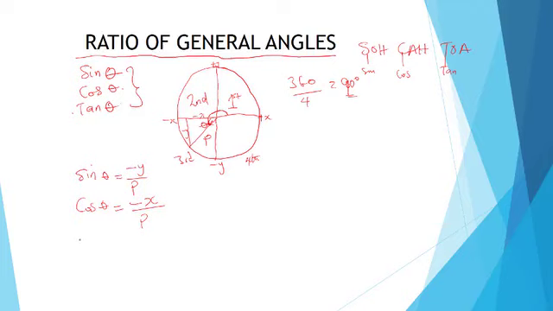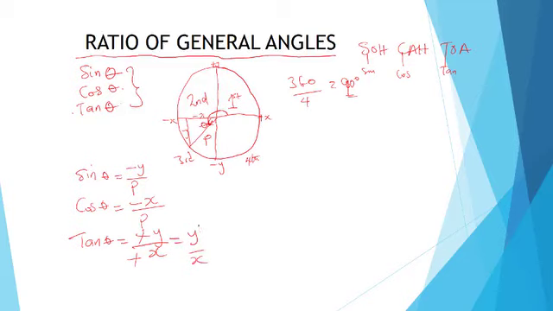The last one we have to deal with is tan theta. Tan is opposite over adjacent, which is minus y over minus x. Minus divided by minus, we now have y over x.